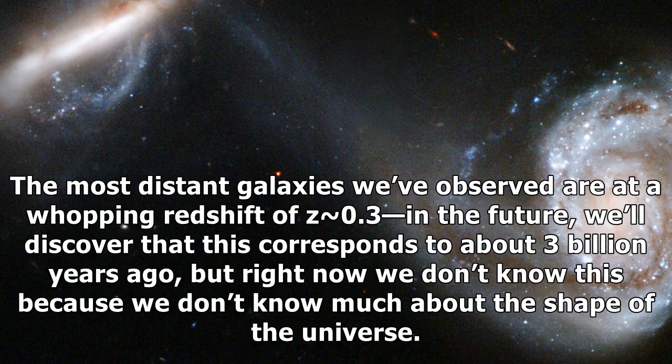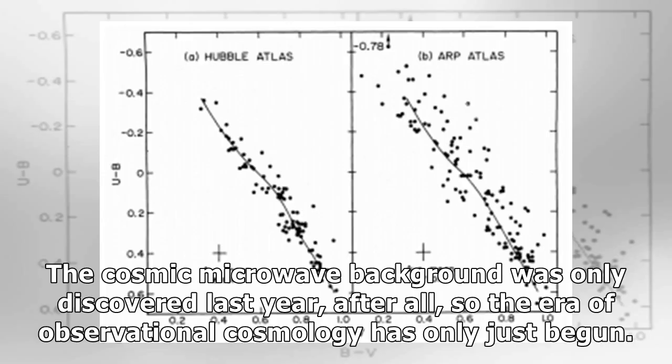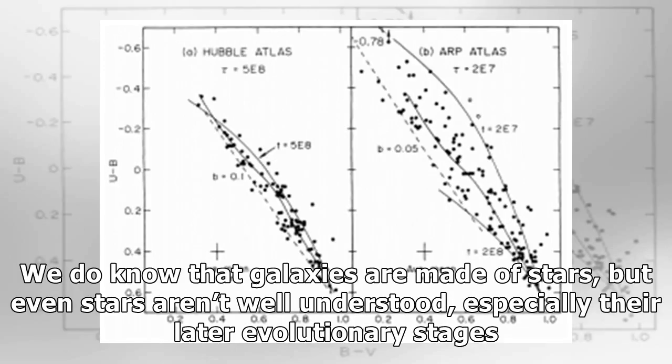In the future, we'll discover that this corresponds to about 3 billion years ago, but right now we don't know this because we don't know much about the shape of the universe. The cosmic microwave background was only discovered last year, after all, so the era of observational cosmology has only just begun. We do know that galaxies are made of stars, but even stars aren't well understood, especially the later evolutionary stages.